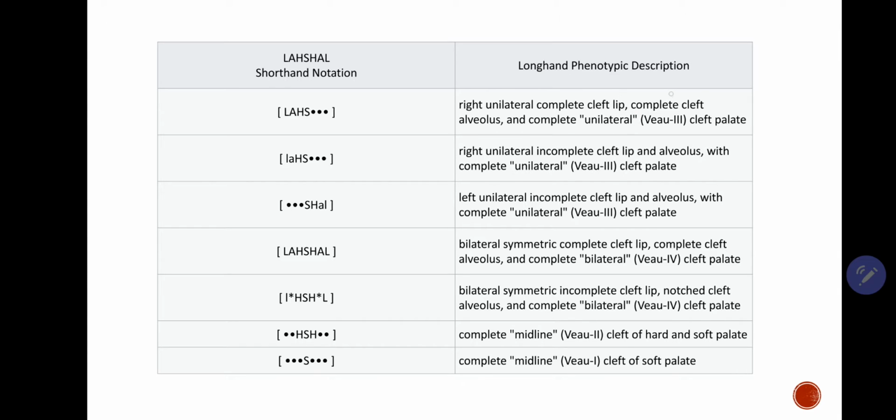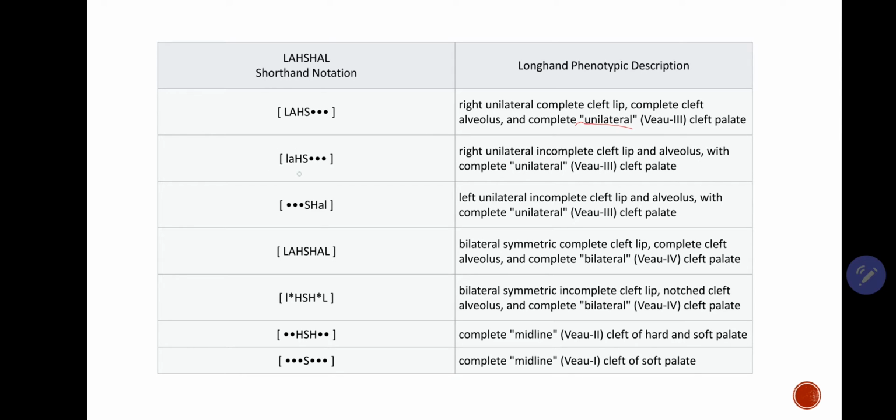Complete cleft lip, complete cleft alveolus, and complete unilateral cleft palate, because both the hard as well as soft palate are involved. It is only on the right side, which is why it is unilateral. Over here in the bracket, you can see the Veau class 3 classification is also mentioned. So Veau class 3 is unilateral, involving all the structures of the oral cavity.